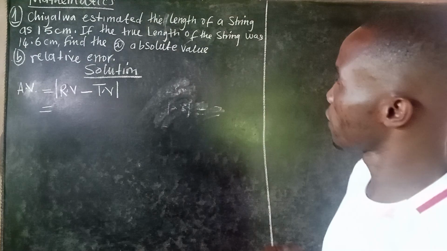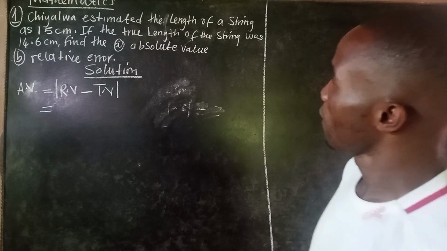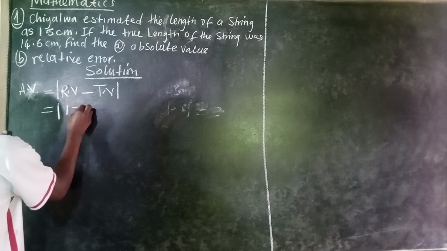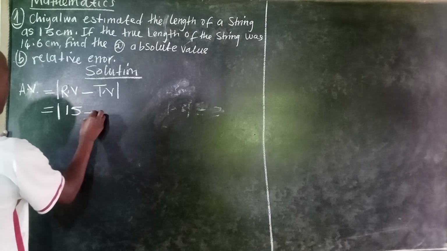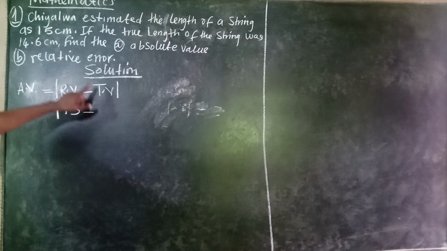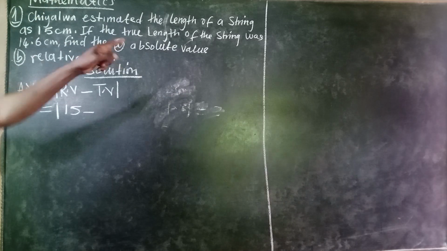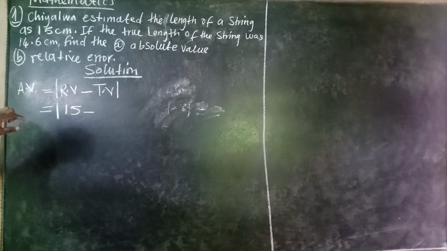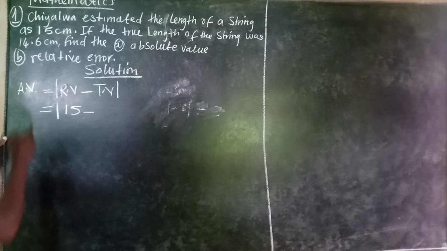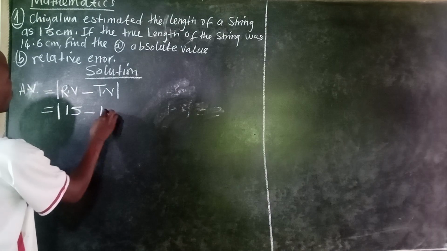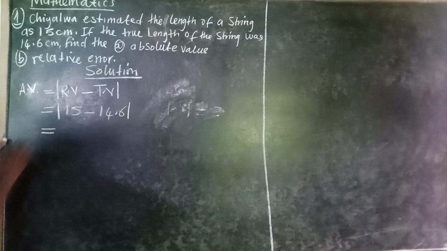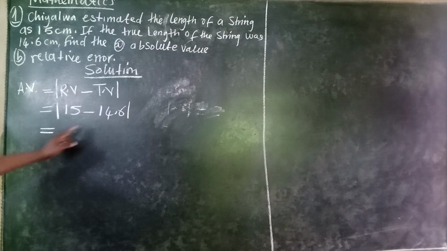That is the one we are going to put where there is RV, okay, then minus. Then the true value: the true length of the string was 14.6 centimeters, and this is what we are trying to use. So it was 14.6. Okay.